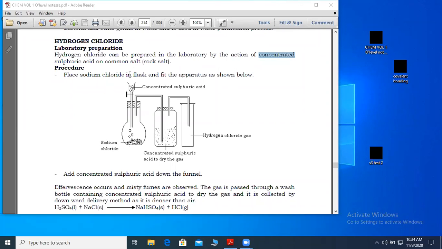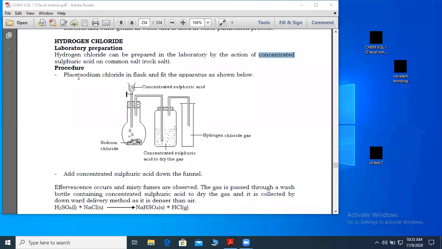Hydrogen chloride fumes, when dissolved in water, give you hydrochloric acid. And when you have concentrated hydrochloric acid and you open it, it starts fuming. Those fumes coming from it are hydrogen chloride.